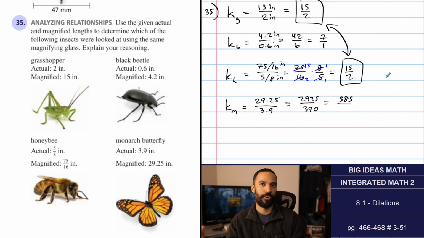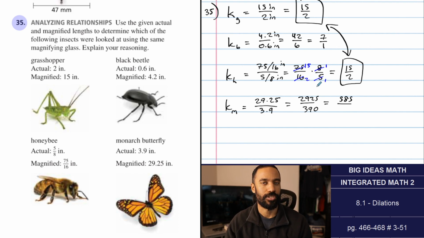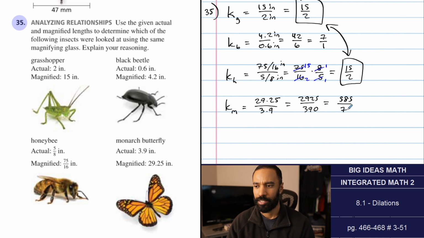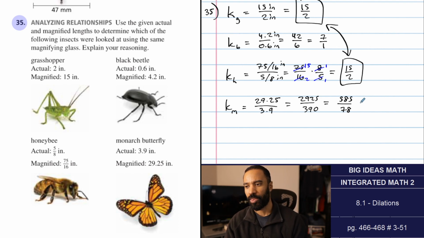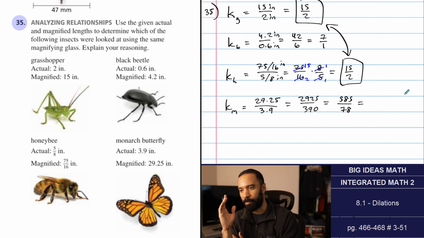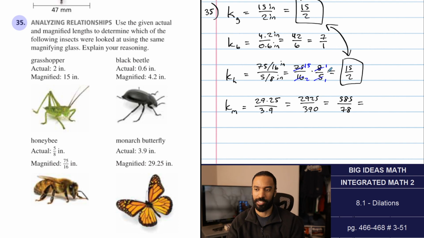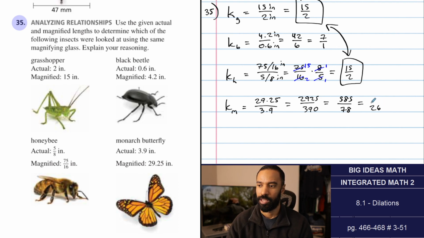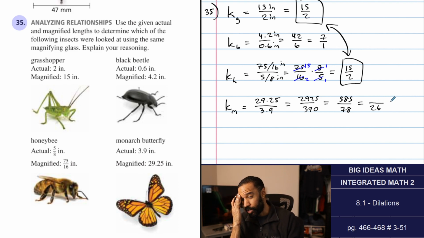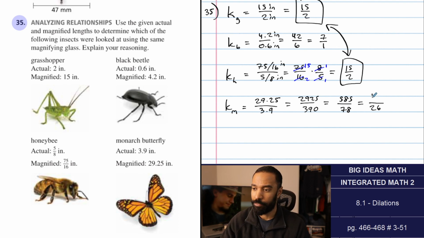390 instead of 400 being 80, it's 78. 5 times 78 there. Hope I did that right. These can both divide by at least 3. 78 divided by 3. I said I do no calculator. 26. 585 divided by 3. 600, 200, 15, 195.